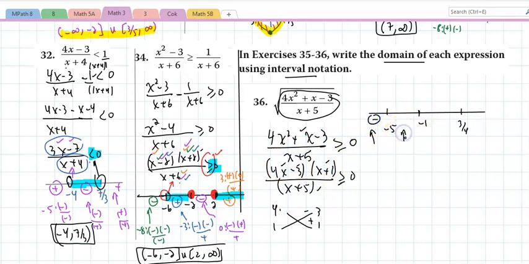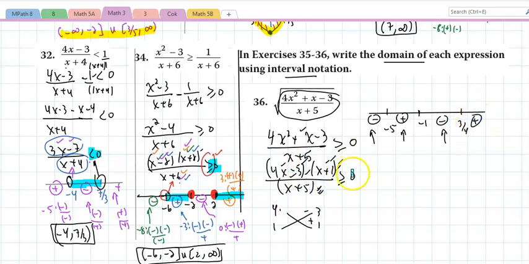If I pick negative 3, negative, negative, positive, two negatives will be a positive. If I picked 0, negative 3, positive 1, one negative. And if I pick 2, positive, positive, positive.